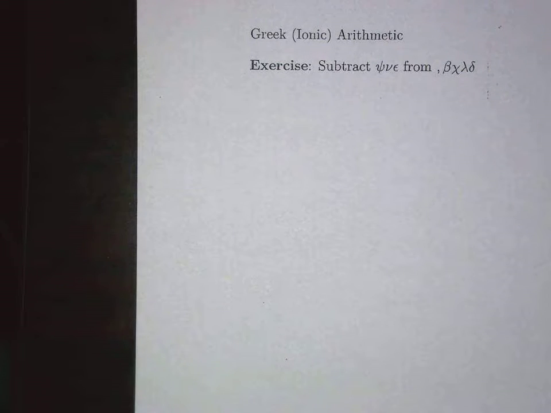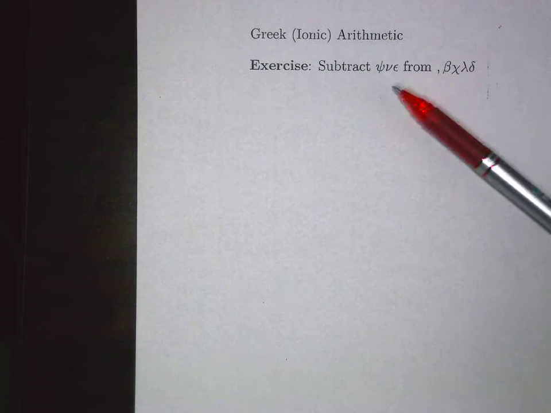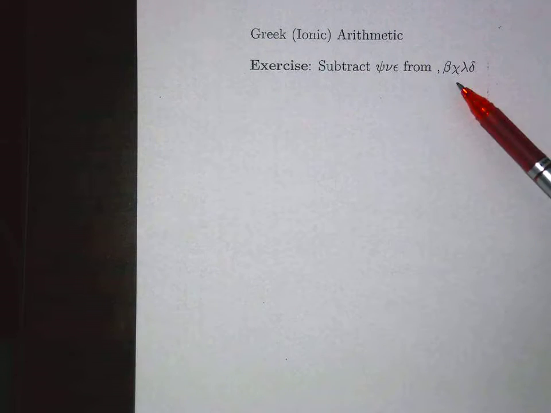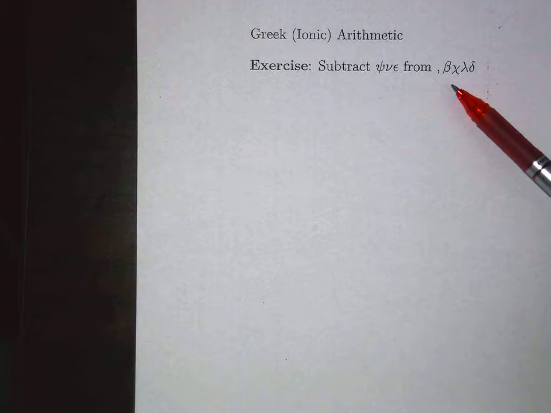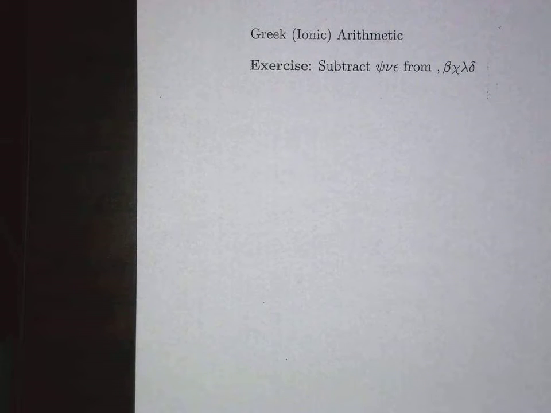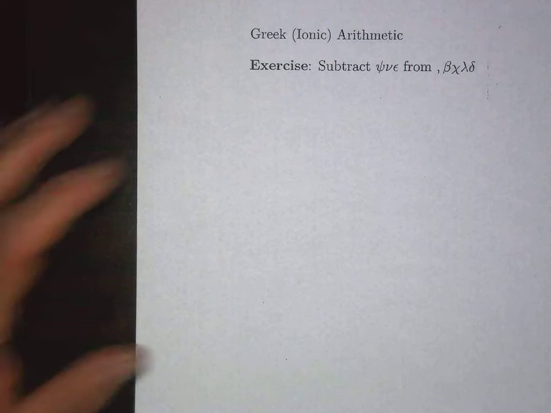We can either spend a couple of months really getting down the addition, subtraction, and multiplication facts in terms of Greek or Ionic numerals, or we can just convert these two things into Hindu Arabic equivalents, do the operation in terms of Hindu Arabic numerals, and then take the result and convert the result back to Greek Ionic numerals. And that's the approach that I'm going to take. The easy way out. Knowing me, I guess that figures.